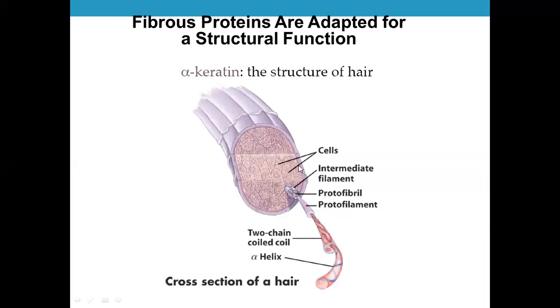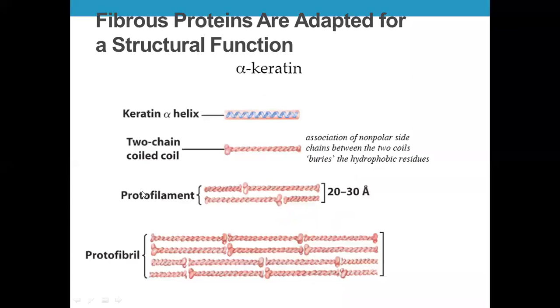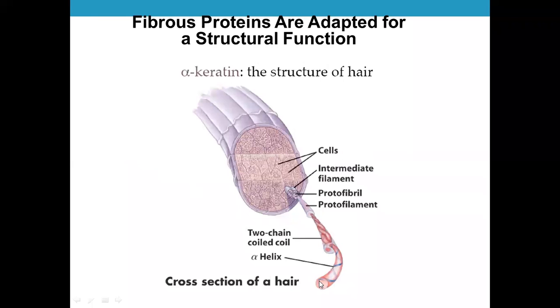For instance, you have your cells and intermediate filaments, and this is where you can find your protofilament, your protofibril, which is made up of 2-chain coiled alpha keratin. So you have your alpha helix here. You have your 2-chain coiled coil.